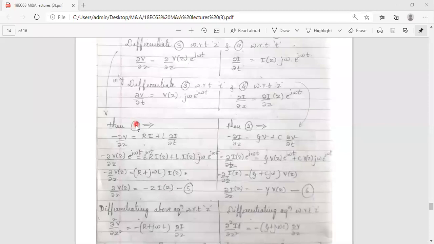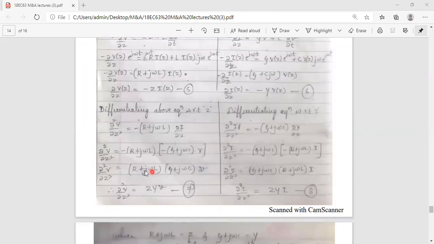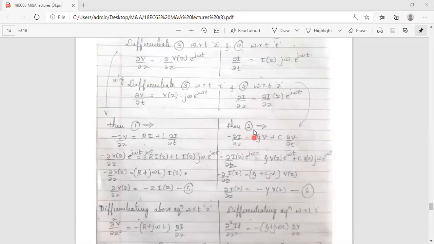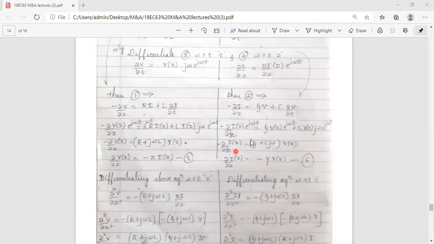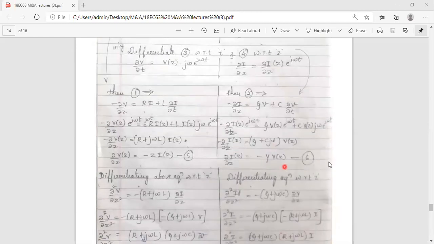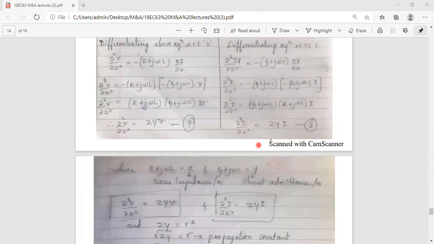So when you differentiate equation 1 one time, you will get equation 5. If you differentiate one more time, because I want second order, you will get equation 7. Similarly, when I take KCL, if I differentiate 6 one more time, I'll get equation 8. So both equations are very important. They will give you the solution further.